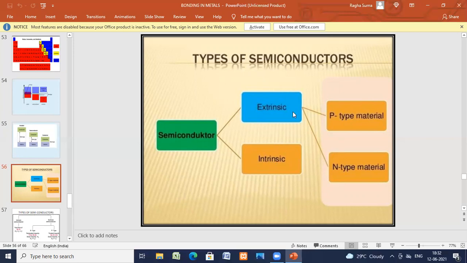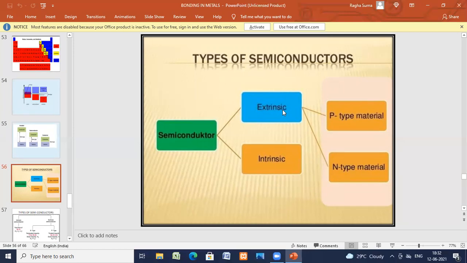We'll see the extrinsic semiconductor. Extrinsic semiconductors are those in which impurities of large quantity are present.